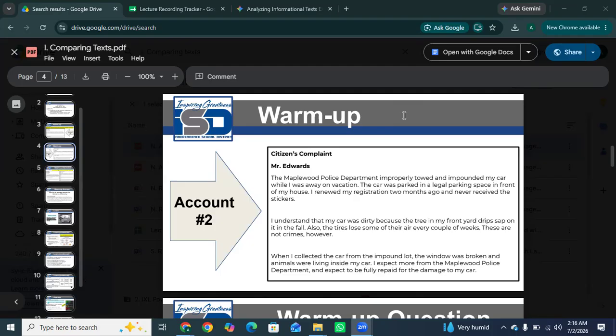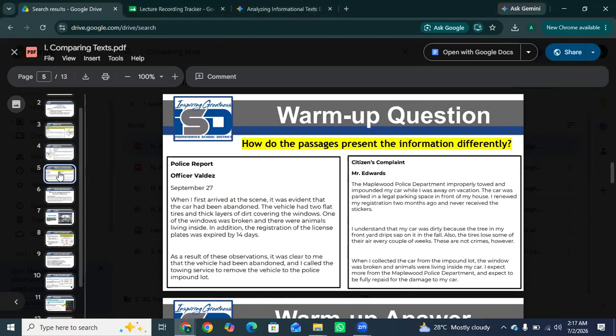He says the window was broken and the animals got inside after it was taken to the impound lot, and he wants the police to pay for the damages. So these are the two incidents related to each other. The first one is from the officer's side, and the second one is from Mr. Edward's side.